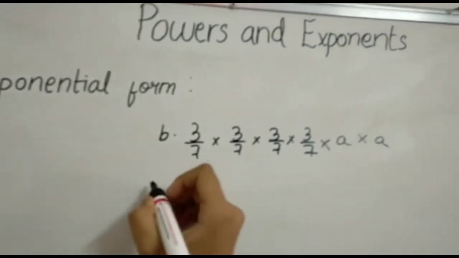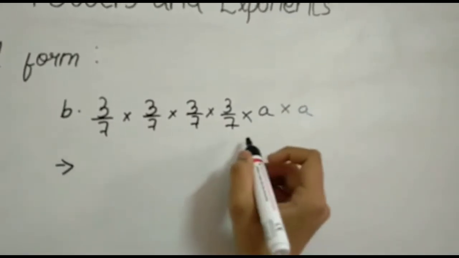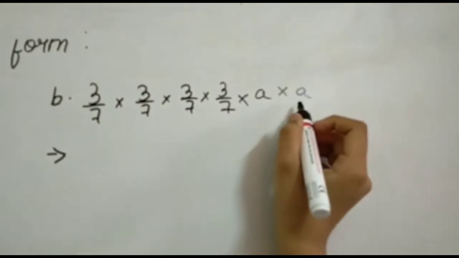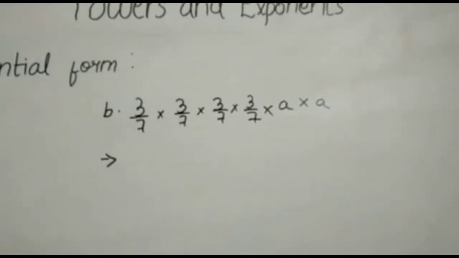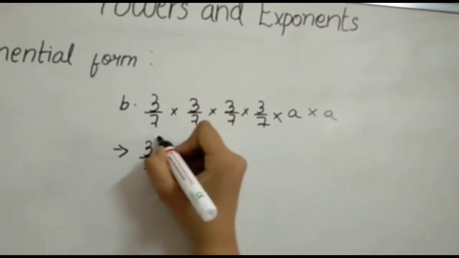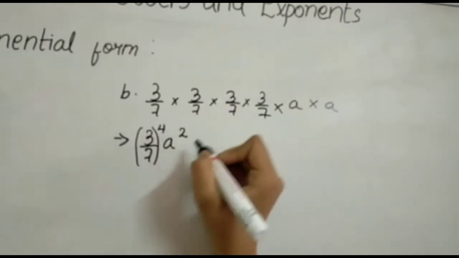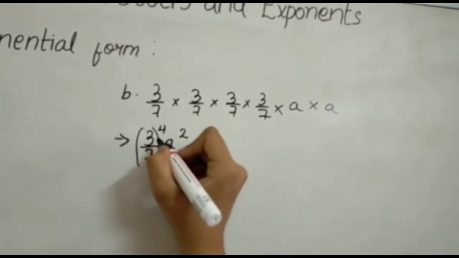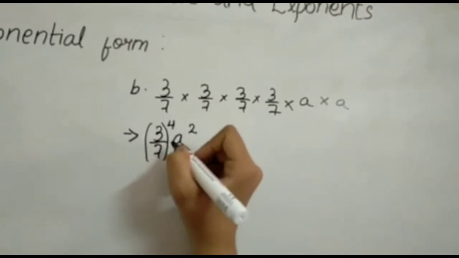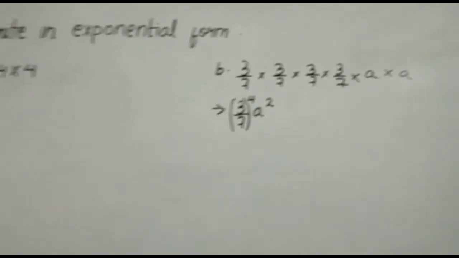And B, 3 by 7 into 3 by 7 into 3 by 7 into 3 by 7 into a into a. So here the answer is 3 by 7 to the power 4 into a to the power 2, because 3 by 7 is multiplied by itself 4 times and a is multiplied by itself 2 times.